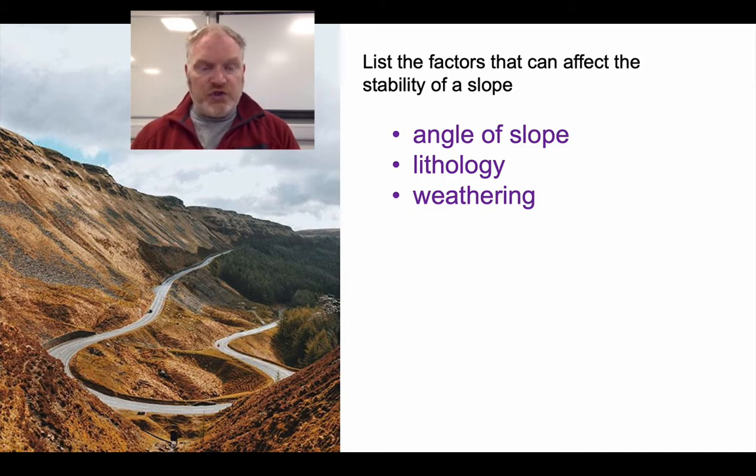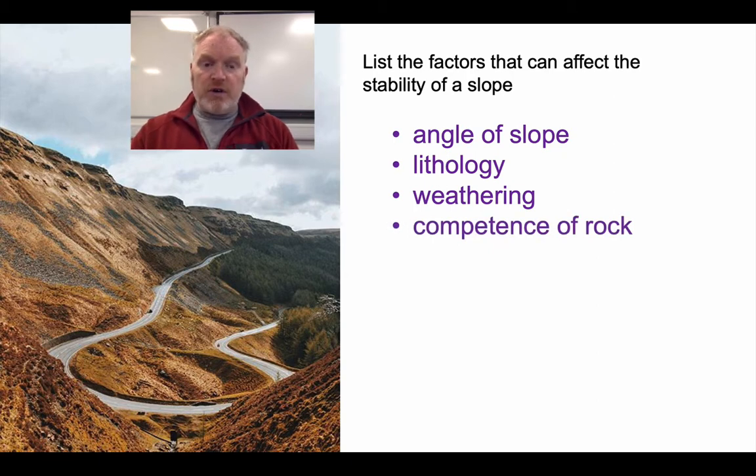Granite might be extremely strong, extremely competent rock. Yet if it gets weathered and the feldspars in it start to break down to clay, it can become very weak, very unconsolidated. Competence of the rock: how does it resist changes in its shape? The example I gave before of the clay. Clay can deform, it can flow, because of its low competence.